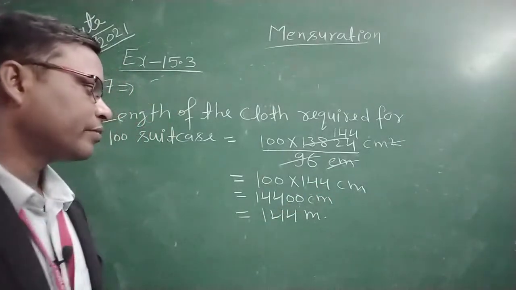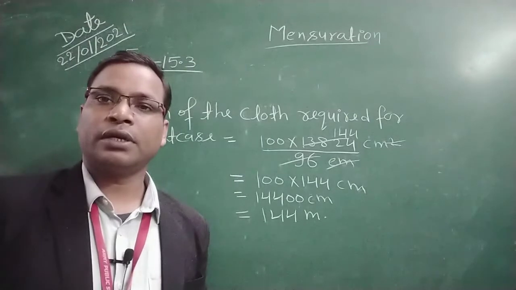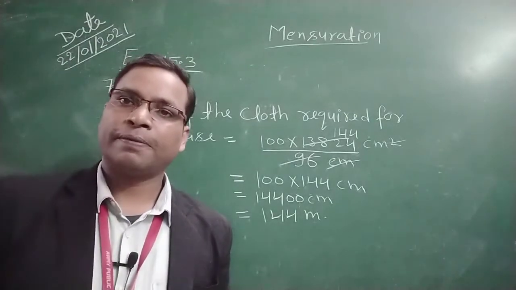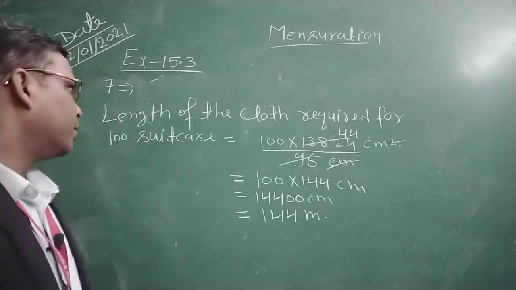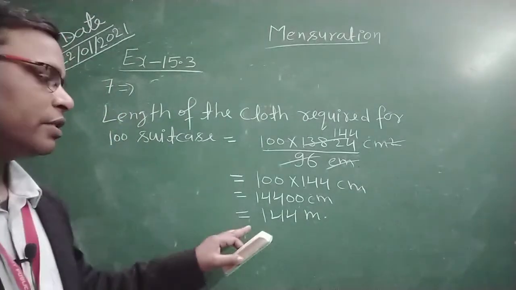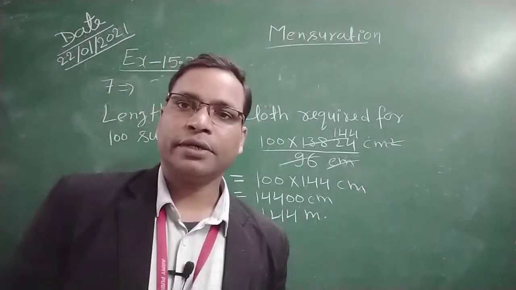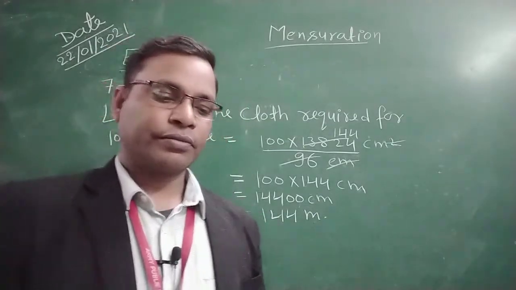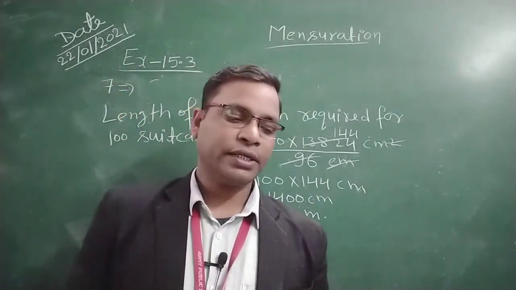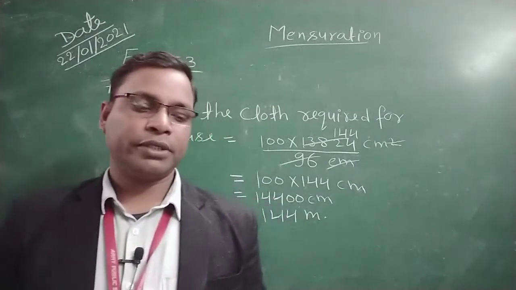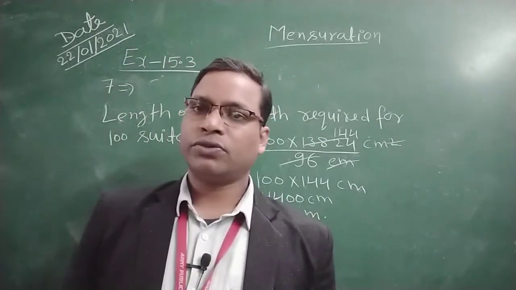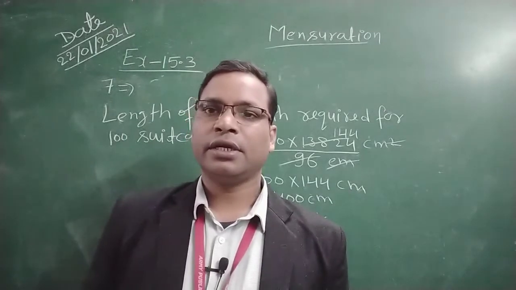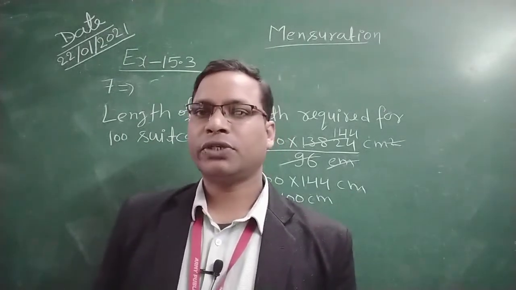This is the length of the tarpaulin. Clear? The length of the cloth for 100 suitcases is equal to 144 meters. At last we can write: 144 meters of tarpaulin cloth is required to cover 100 suitcases. This is clear? So students, I hope all of you understood this question.